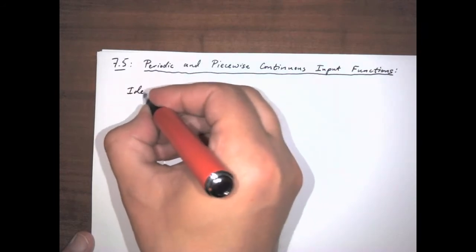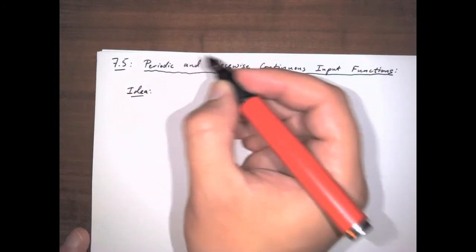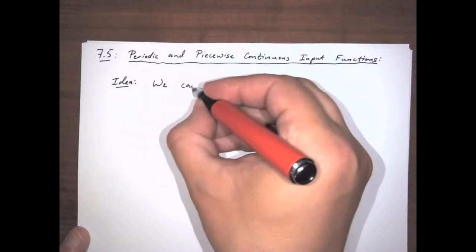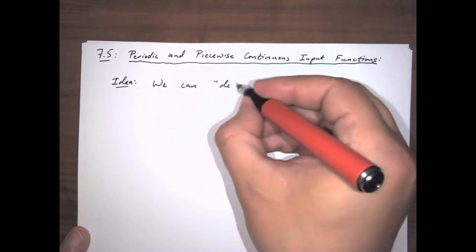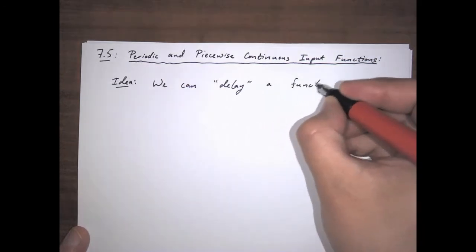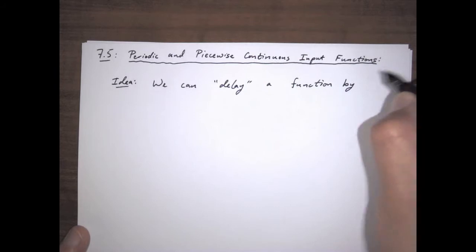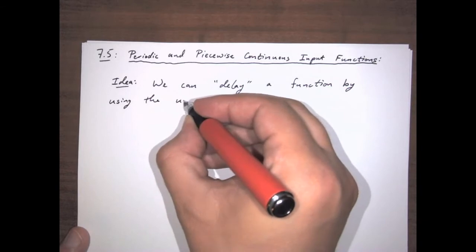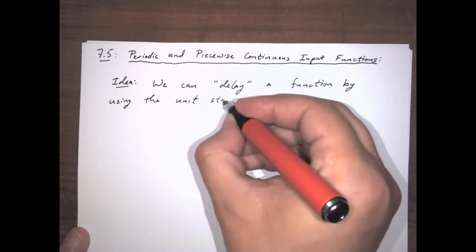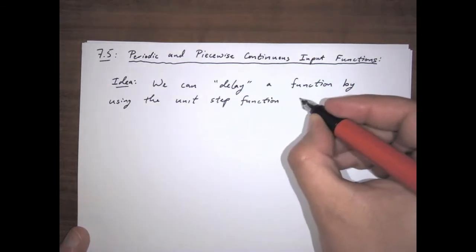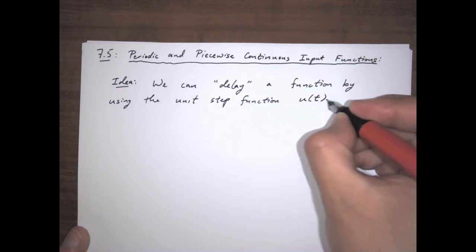And here's the basic idea. To start with anyway, before getting to the periodic part, the idea is we can, quote, delay a function by using the unit step function, which we'll call u of t, and here's how.